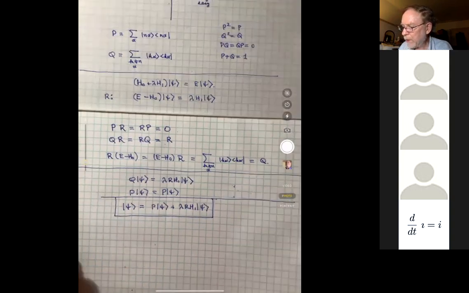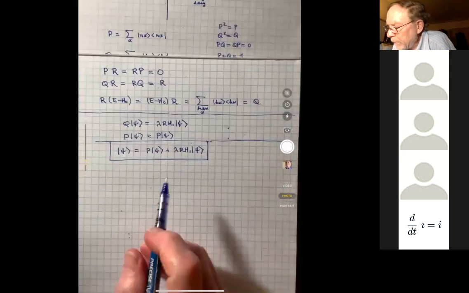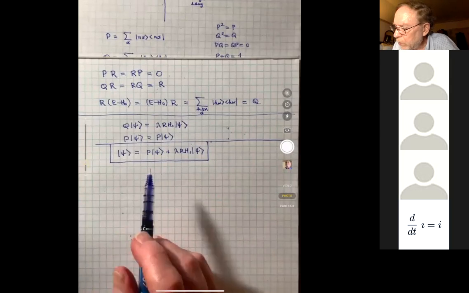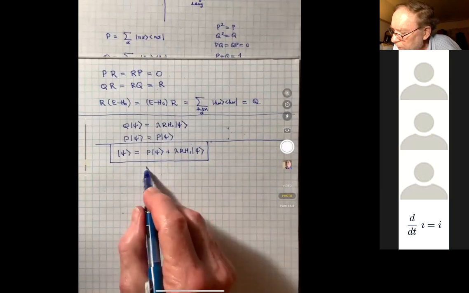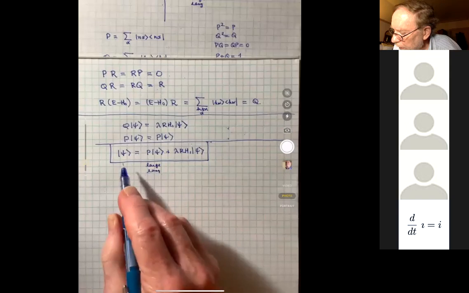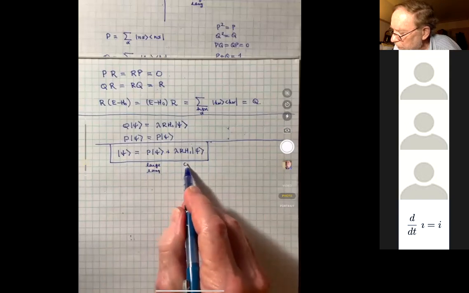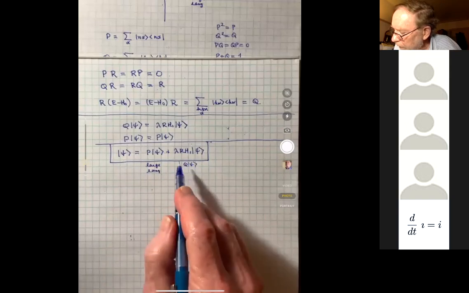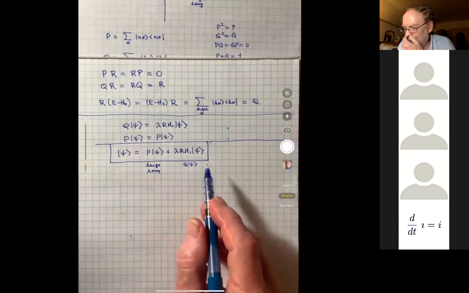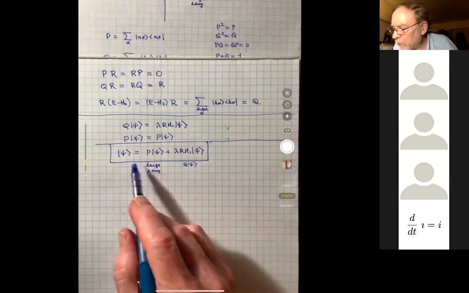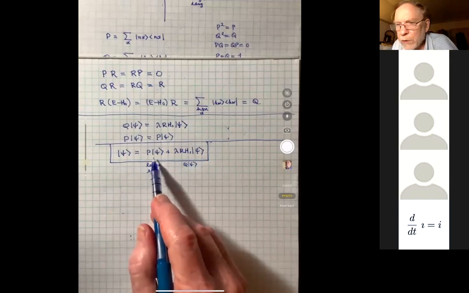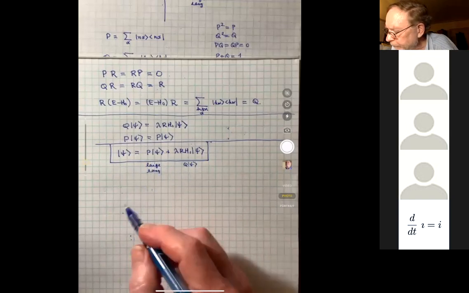This is really nothing but a rearrangement of the original Schrodinger equation, but it's in a useful form because the first term is the large easy part of the exact energy eigenstate, and the rest of this is the Q psi part, which is now written out in terms of lambda R H1 in the full solution psi. This is not a solution of the problem, but it's getting there because we've got the first part, the easy part, split off.